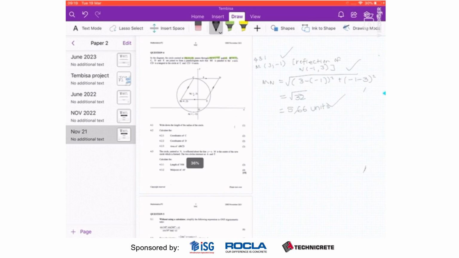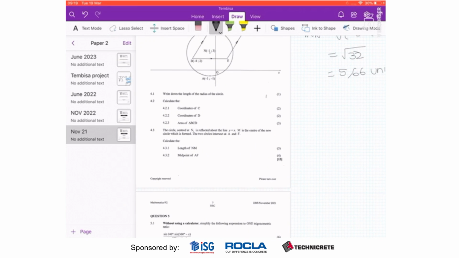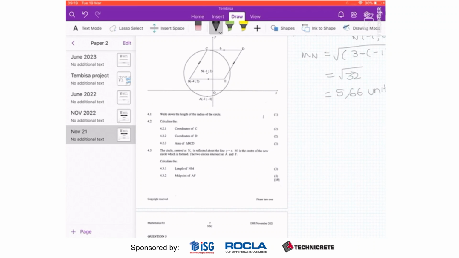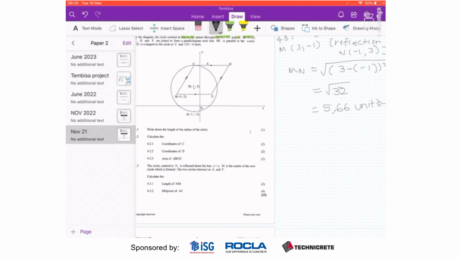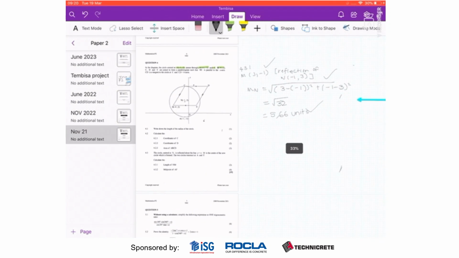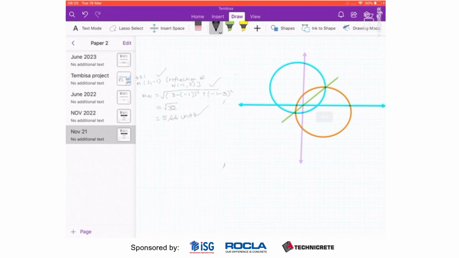Okay, the next question says they want the midpoint of AF. Okay, now remember we have a new circle which is centered at M. M is 3, -1. So I think the easiest way to do this question is to actually visualize and draw it on an axis.